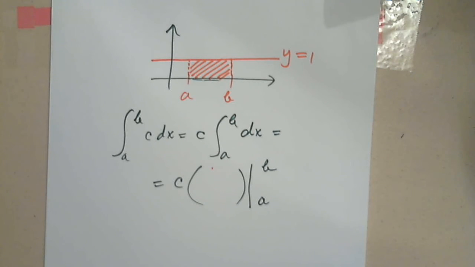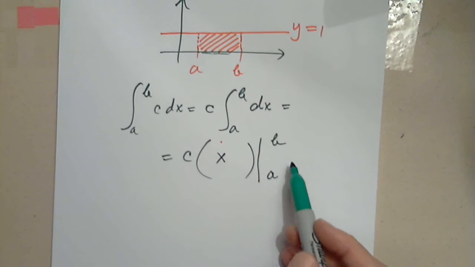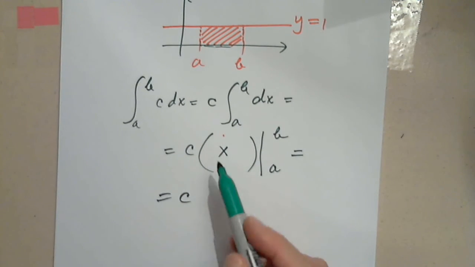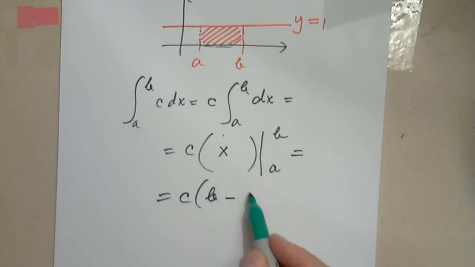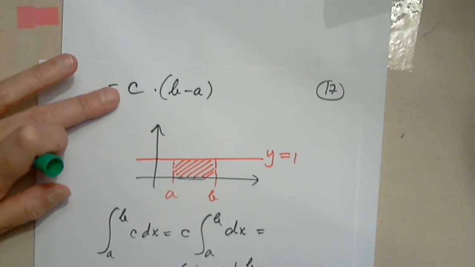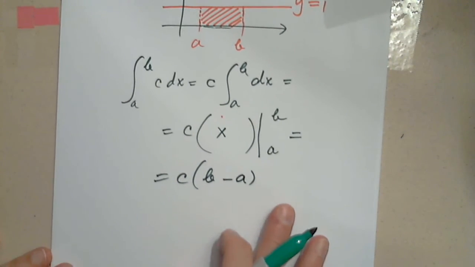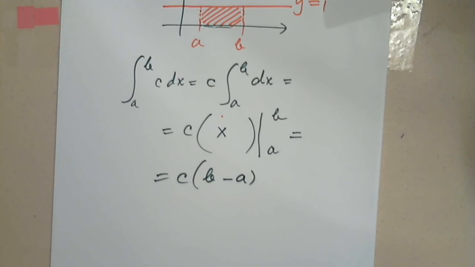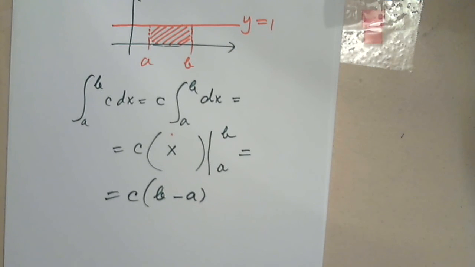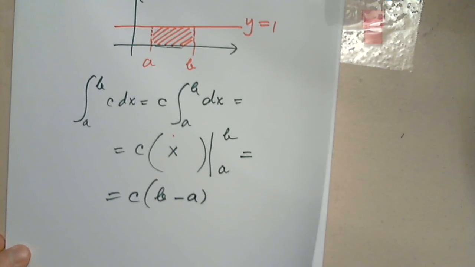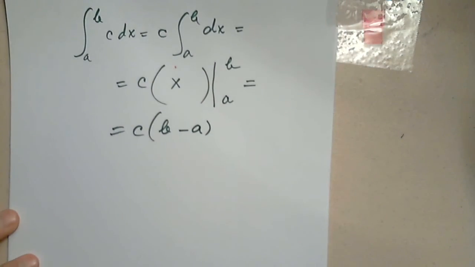There is only one x indeed. So like before, I plug in b, and I subtract when I plug in a. Exactly the same thing. Okay, which number am I? Number 8. I have to look at 3 more.